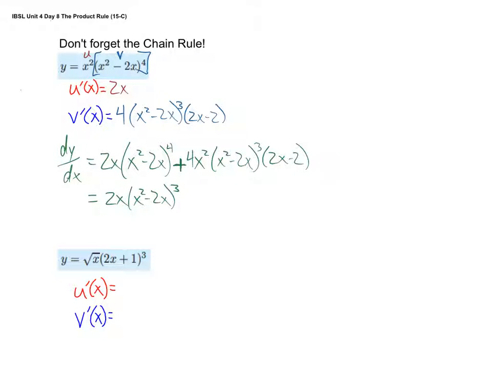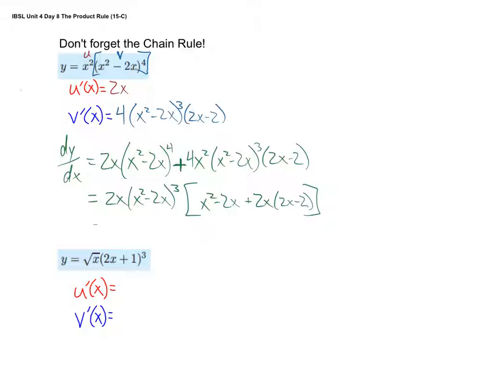All right? So all that's left of this first half, the u prime v, is going to be an x squared minus 2x to the first. Okay? I took out a 2x from the 4x, so now there's just a 2x left. And there's that 2x minus 2 left over. Okay?